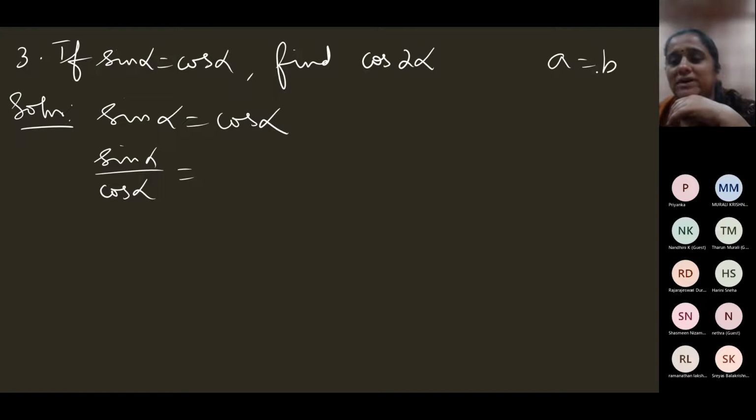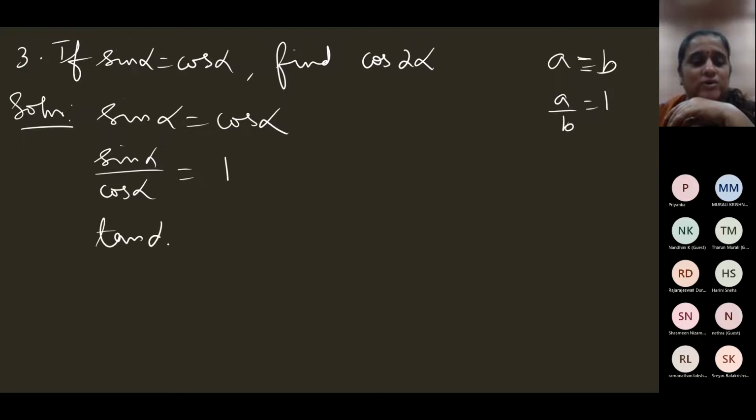Children, A is equal to B. Then if B comes for division, A by B is equal to what? 1. A is equal to B, so if you take B to the other side, A by B is equal to 1. So sine alpha by cos alpha is equal to 1. That means tan alpha is equal to 1. Tan alpha is equal to tan 45 degrees.